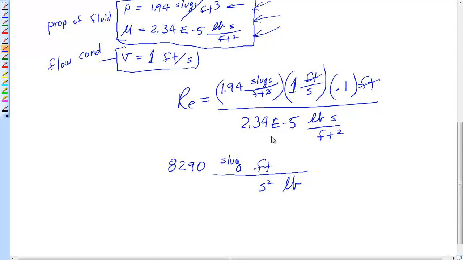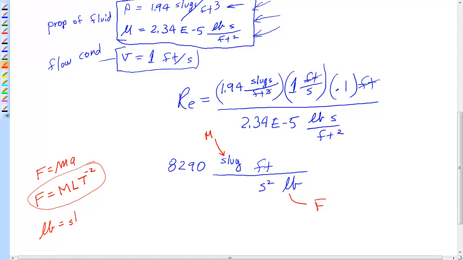but your key here, and we've seen this earlier in this section, is you have a mass stuck in here with a force, so you need to get rid of those. Remember, F is equal to ma, so force is equal to a mass, and then a is nothing more than feet per second squared. So if you want to convert this non-dimensional term, you could say a pound is equal to a slug, a foot, and then a second squared.